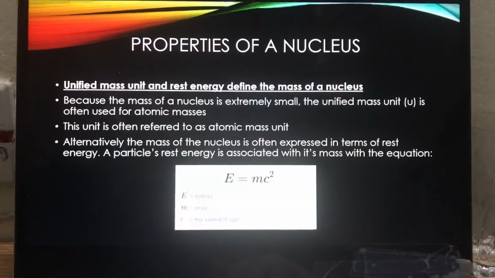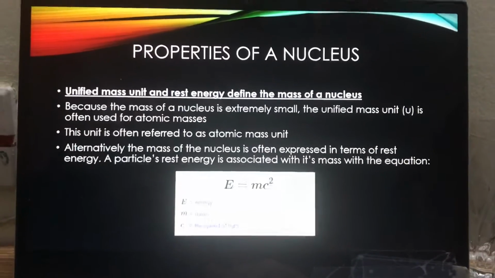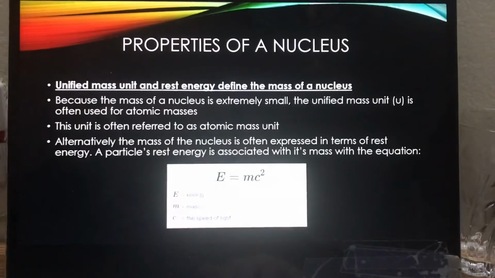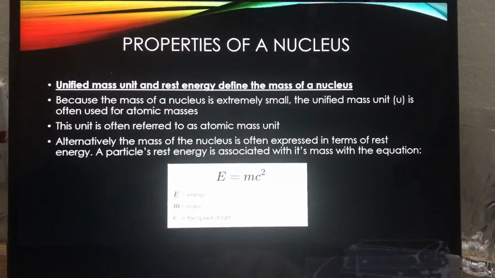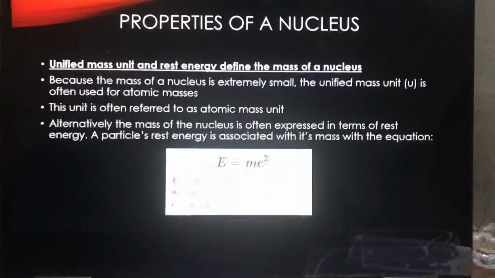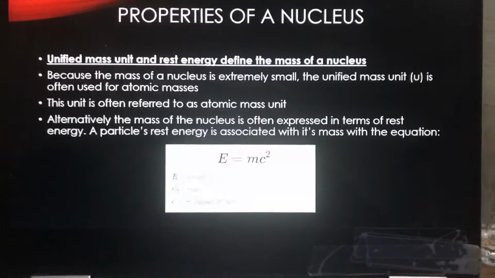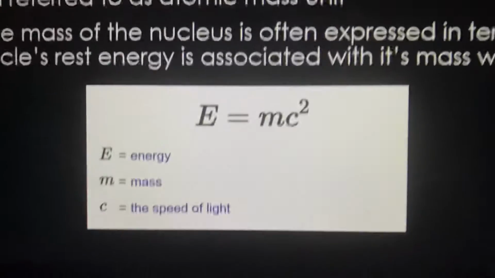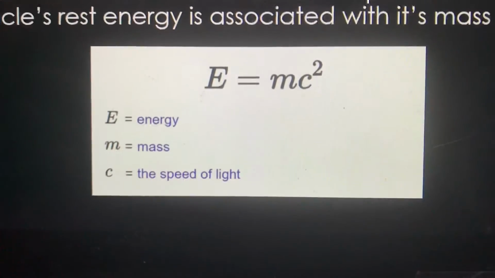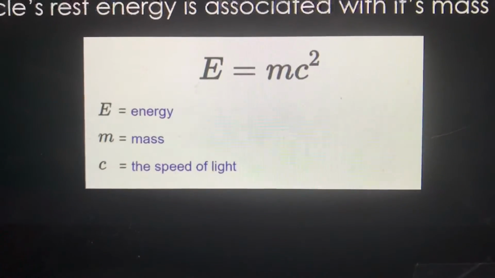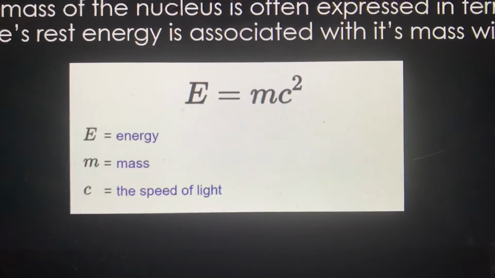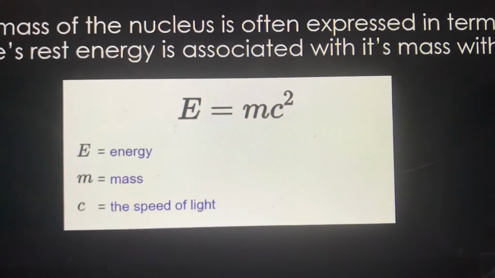Alternatively, the mass of the nucleus is often expressed in terms of rest energy. A particle's rest energy is associated with its mass by the equation E equals mc squared. Now, it should be E sub R, but I couldn't find a proper picture, so E equals mc squared, where E is the energy, m is the mass, and c is the speed of light. So the rest energy E equals the mass times the speed of light squared.